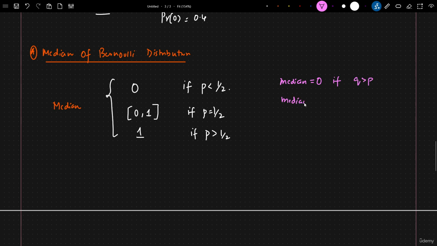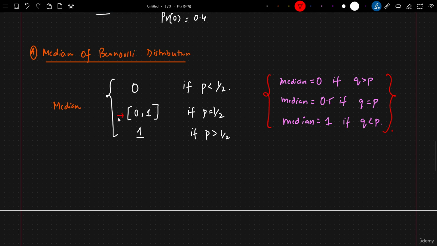Since we depend on the central element, the median is equal to 0.5 if q is equal to p, and the median is equal to 1 if q is less than p. So this and this are almost equivalent. If the q value is greater than p, you get the median as 0. If q is equal to p, you get the median as 0.5. If q is less than p, you get a value of 1.